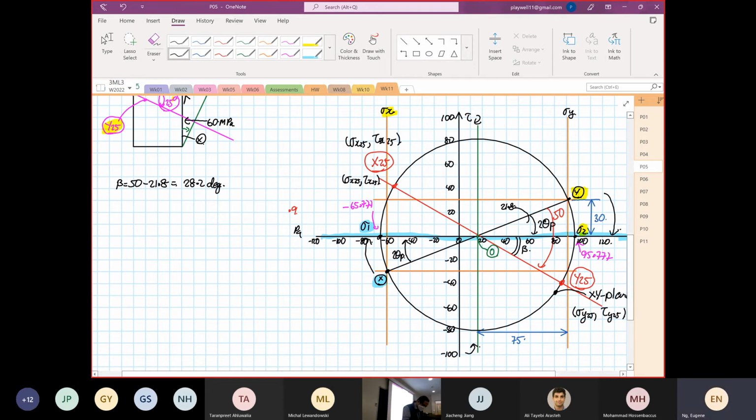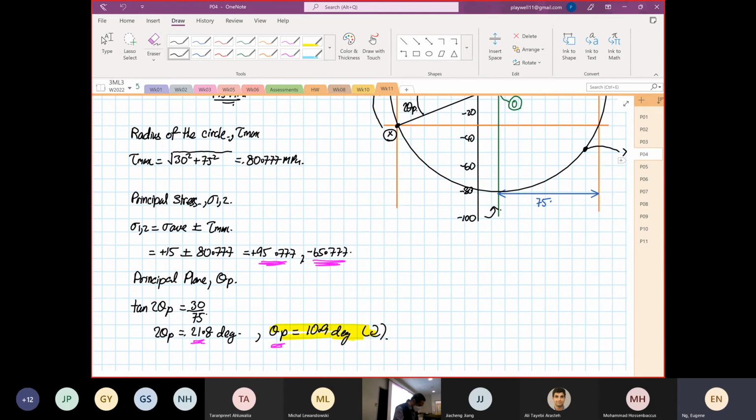So we also know our radius of circle, which corresponds to our tau max. And this we found out is equal to what? 80.777.